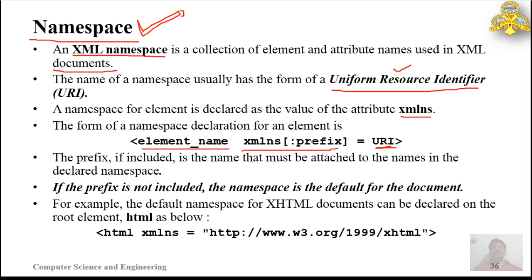If the prefix is not included, then this xmlns will be treated as the default namespace for the document. For example, here for HTML, xmlns is provided with this URI. That means it is a default namespace.